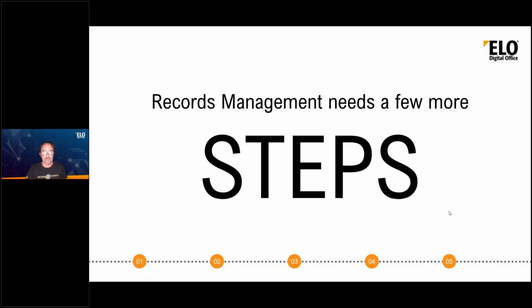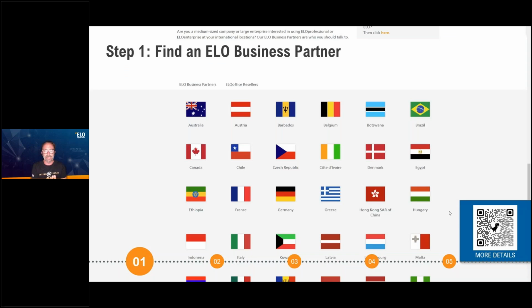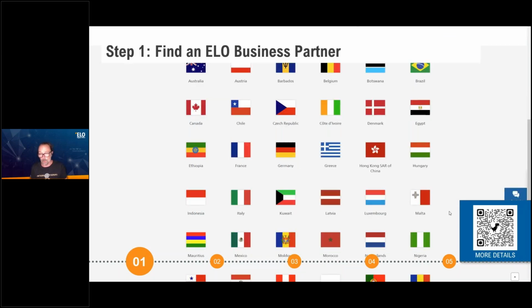Because step 1 is find an ELO business partner. Because the ELO business partner can help you with establishing a records management solution in your company, in your organization. They know what you need, they know how to do it. And well, we have business partners in many countries around the world, and I'm sure there's a business partner near you which can help you.